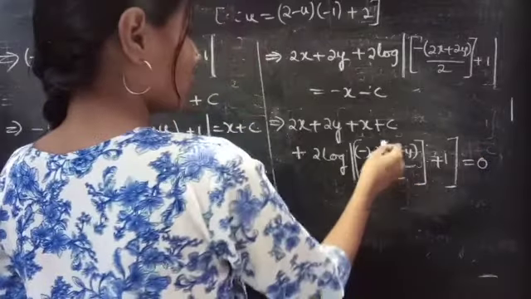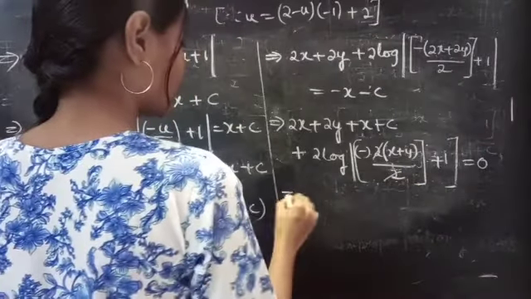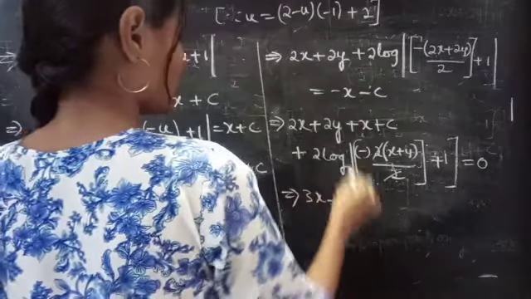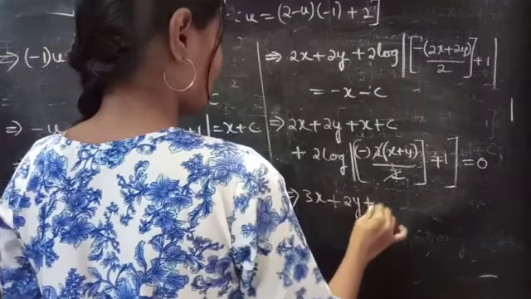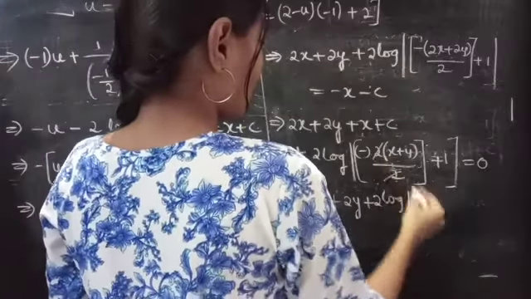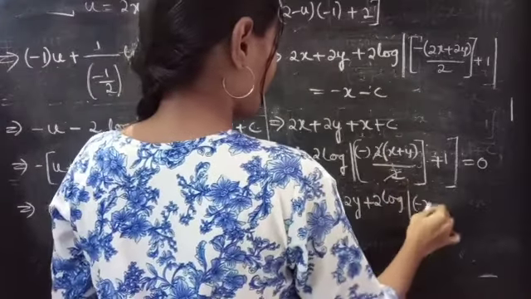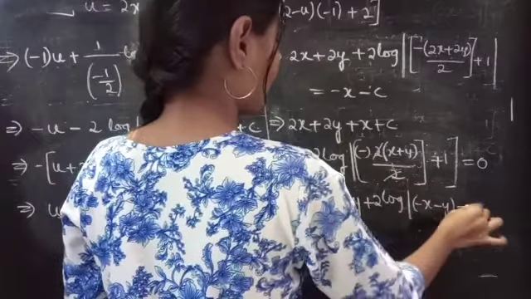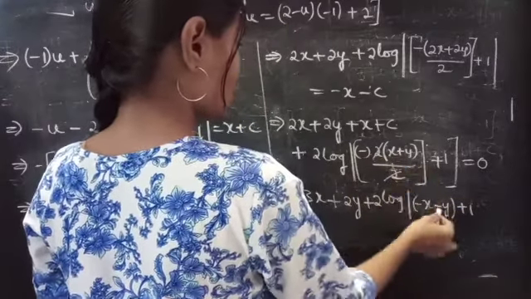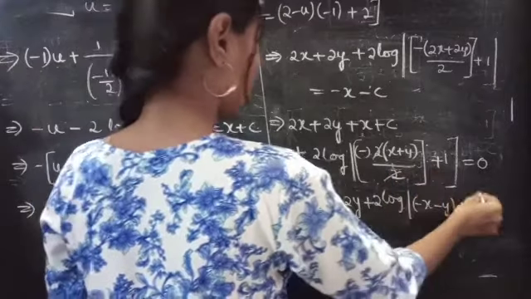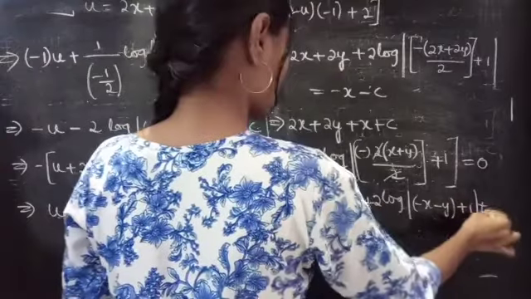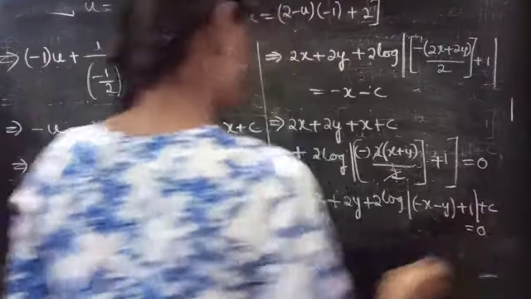Here 2 gets cancelled. Then 2x plus x is 3x plus 2y plus 2 log mod, you're having minus x minus y plus 1, plus c equals 0. You're having a constant, right?